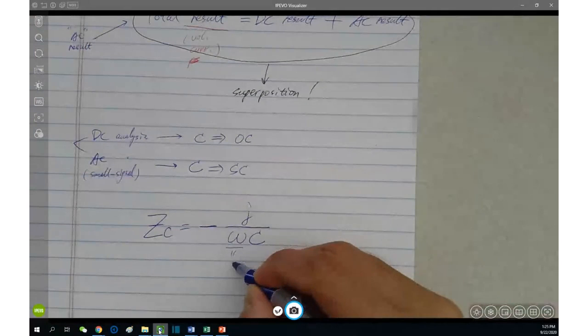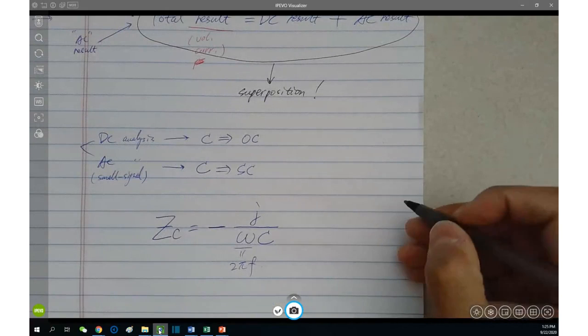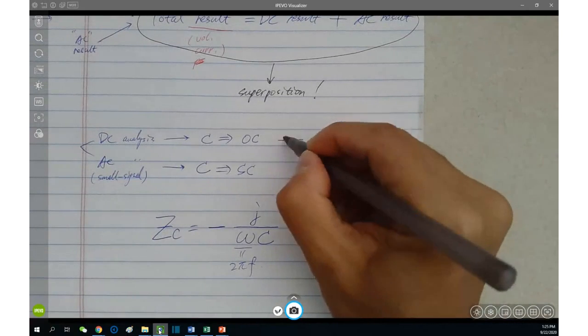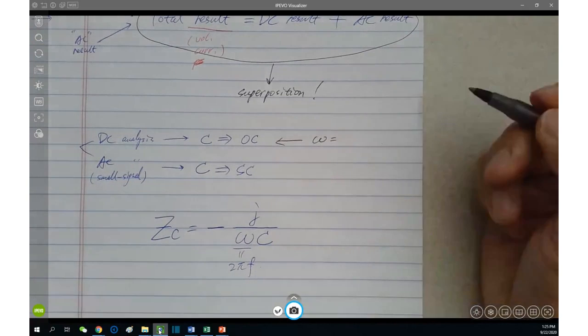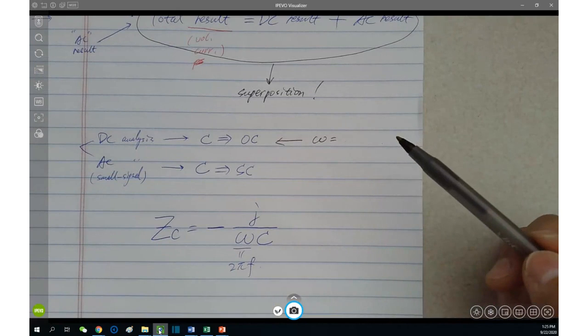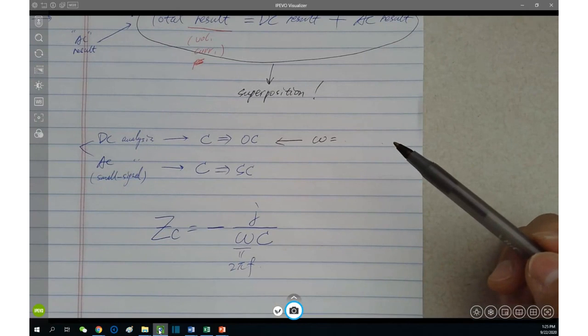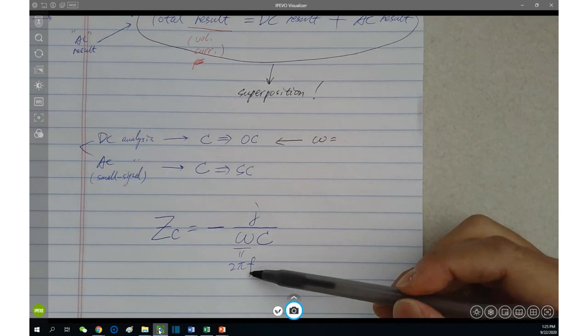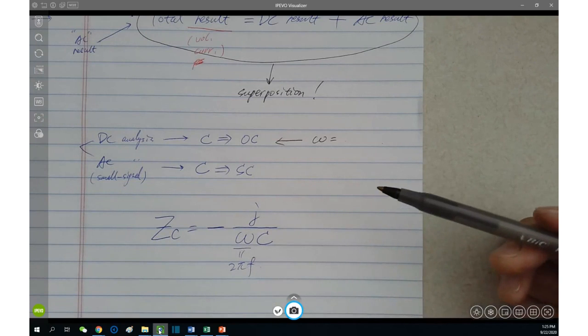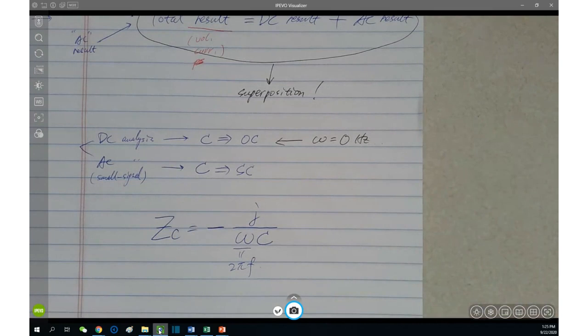Well, omega equals 2 pi f. So first of all, in DC, omega equals what? Anyone knows? Omega equals 2 pi f. Then let's ask instead, what's the frequency of the DC? Very good, Kevin is right. DC frequency is 0.